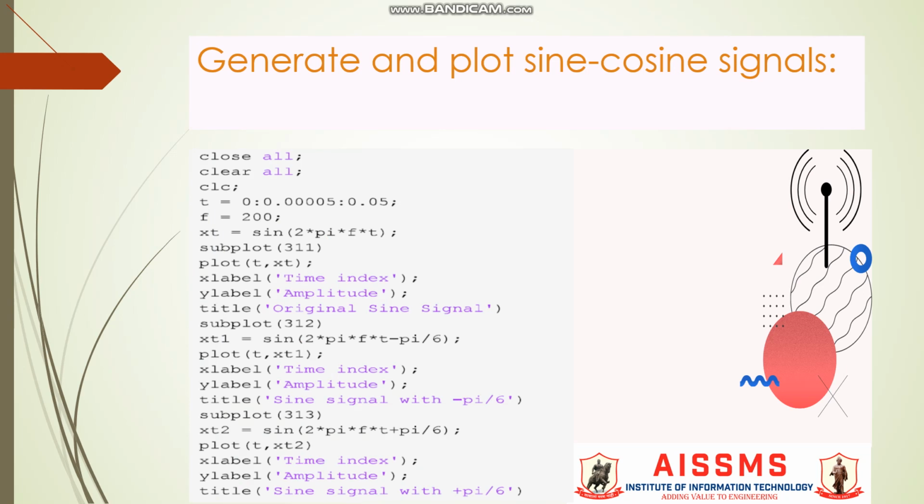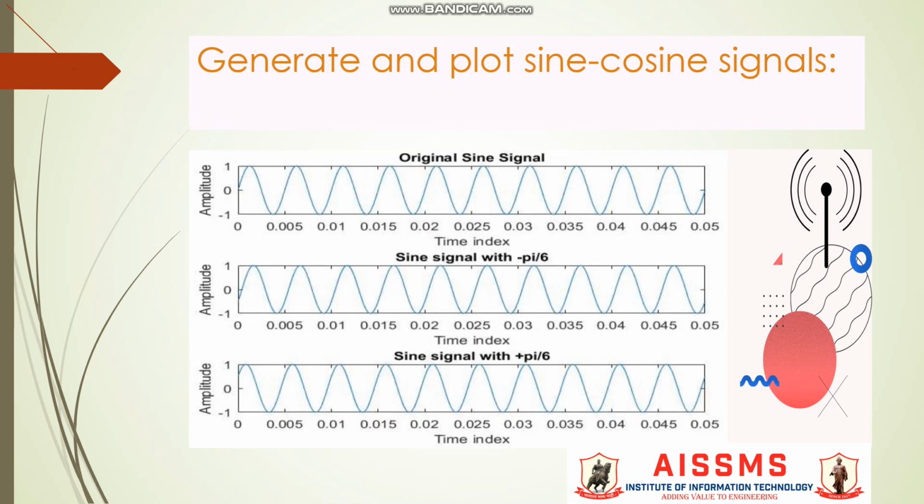So we have taken 3 rows, 1 column as seen in the subplot command. The other MATLAB commands used in this program like plot, subplot, xlabel, ylabel, title were discussed in my previous video. Let us now observe the corresponding plots that are generated.